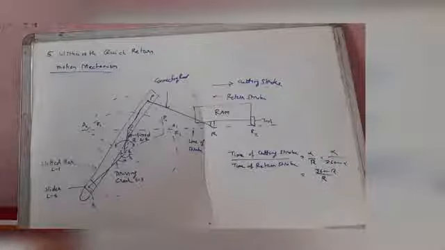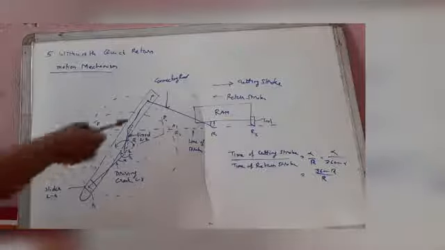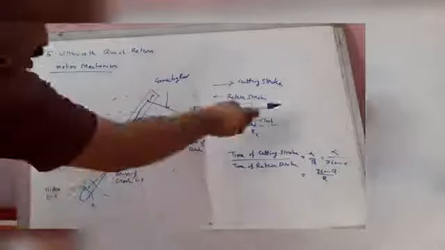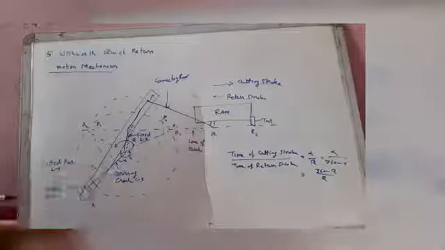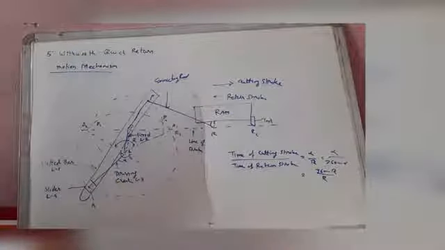The tool moves from the left hand end of its stroke to the right hand. From left hand to right hand is the cutting stroke, covering a distance 2 PD.